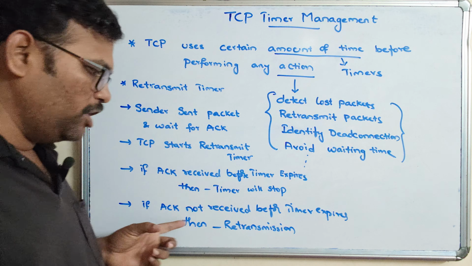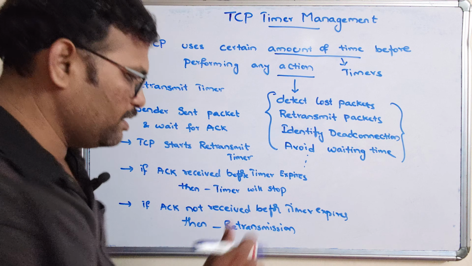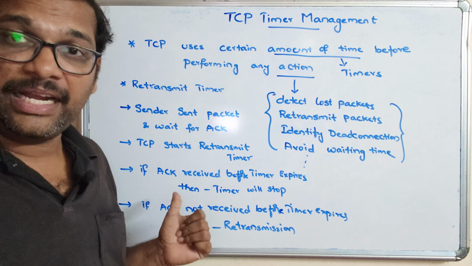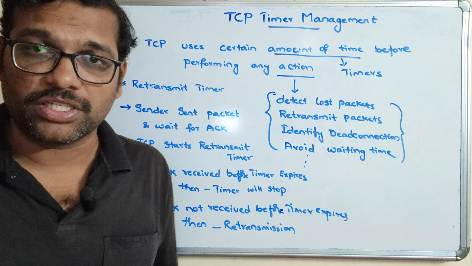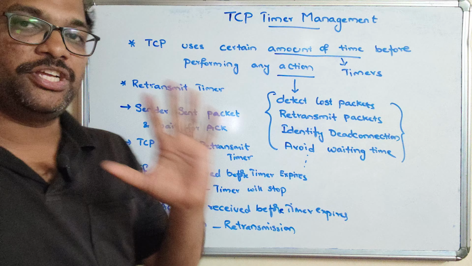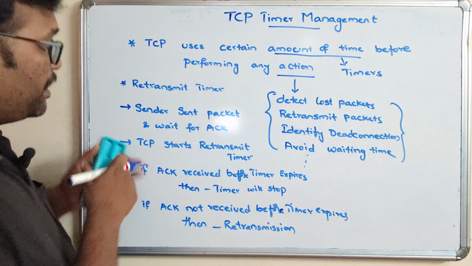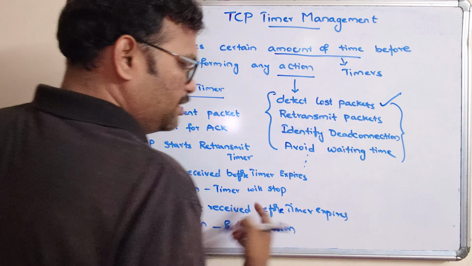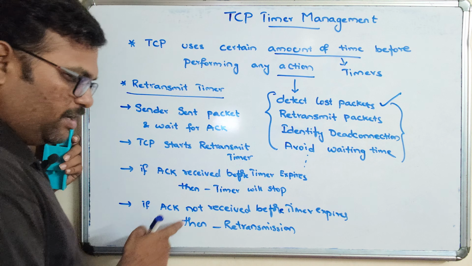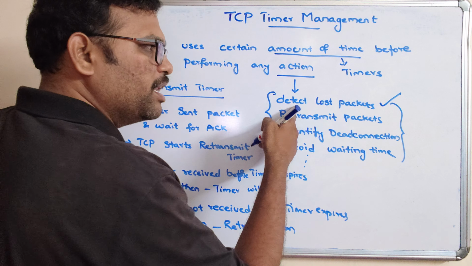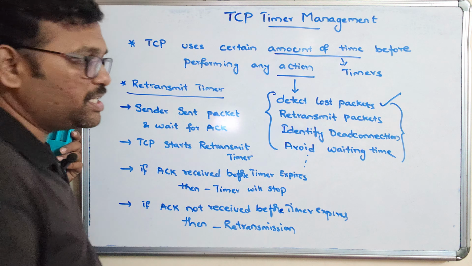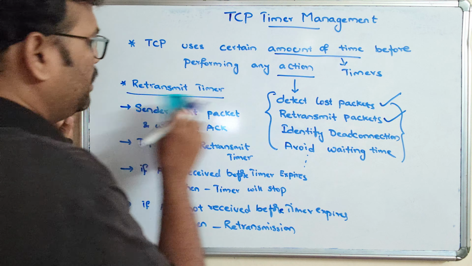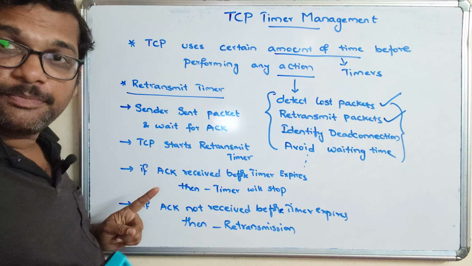If the acknowledgement was not received before the timer expires, that tells the sender that the packet has been lost, so immediately the retransmission will be done. So this retransmission timer is used to detect lost packets. In the second case, not received before the time expires, it means the packet has been lost and it will automatically retransmit the packet. Hope you understood this retransmit timer.